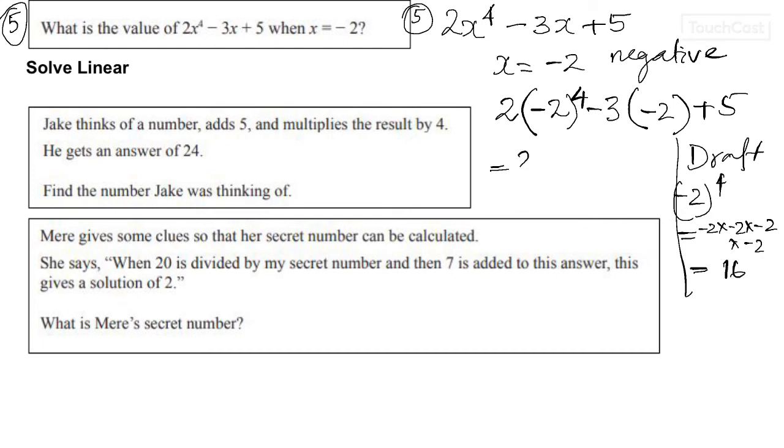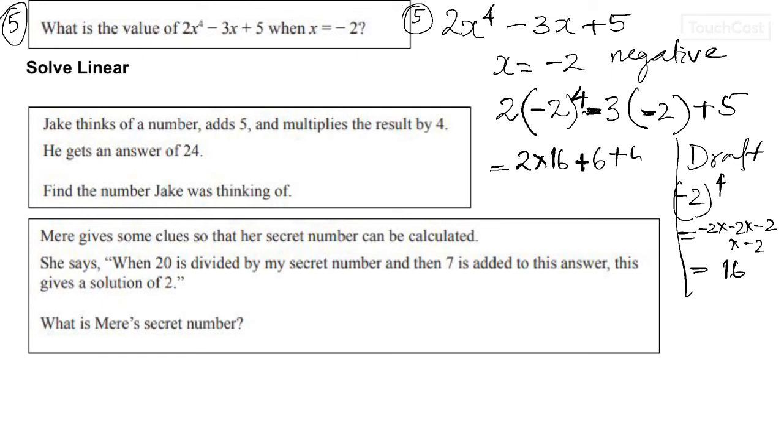So that will give me 2 lots of 16, minus, and that's another negative. 2 negatives will give you a positive sign, and that will make it positive 6.